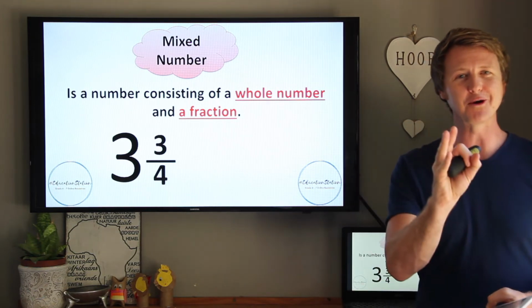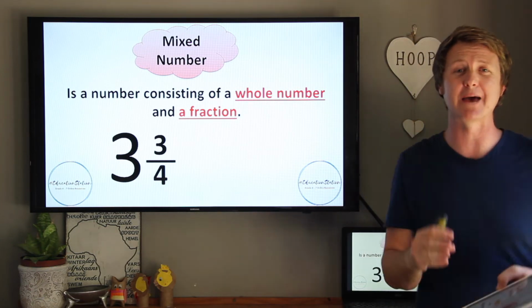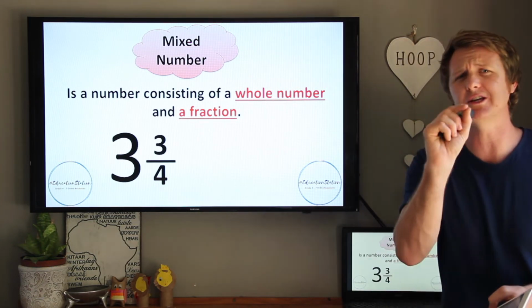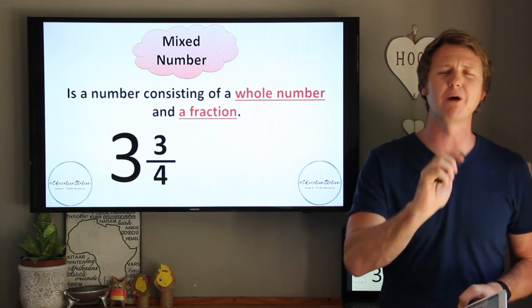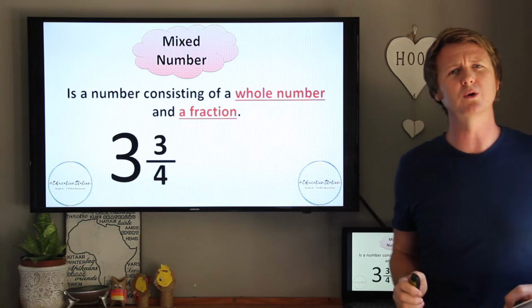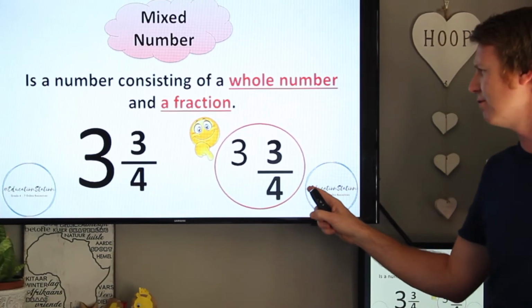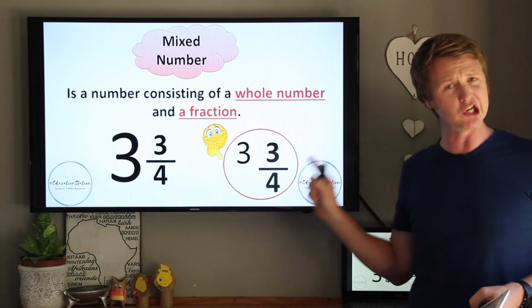Now, I don't know if this has happened to you before, but in my class sometimes the children write the 3 very small, and then I'll go and mark the work and they'll say, but sir, this is definitely 3 3/4, and I'll say, no, it kind of looks like 33/4.